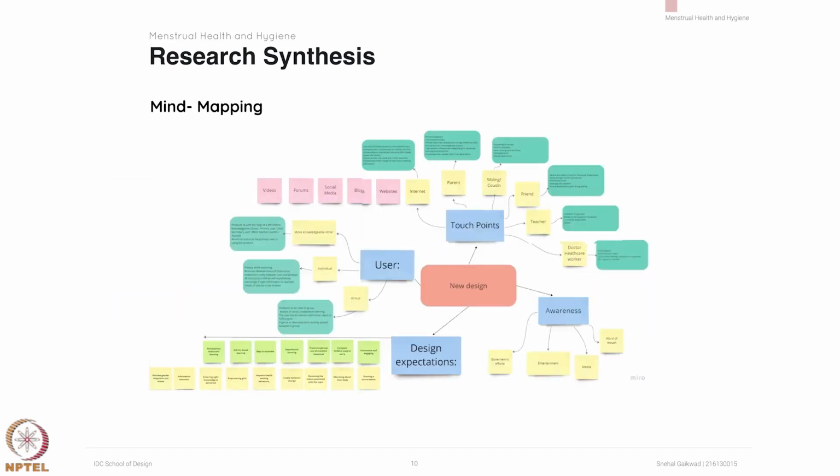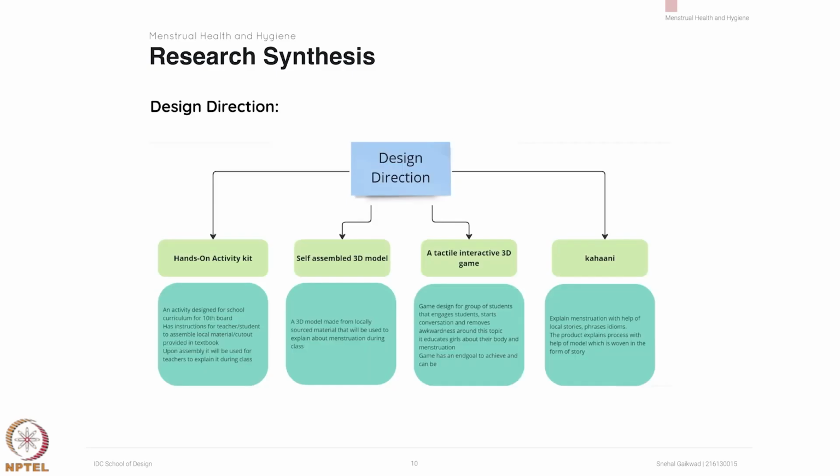Then I did a mind mapping of who the user is, what the design expectations are, touch points, and what awareness techniques we should use. Then from all the research, primary and secondary, my design direction was to design a hands-on activity kit which is interactive, so that even if a more knowledgeable person is explaining to them, the user must feel like they are interacting with the person explaining, and it should not be a one-way conversation.